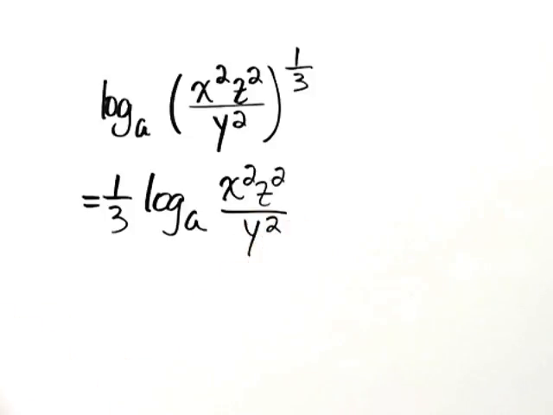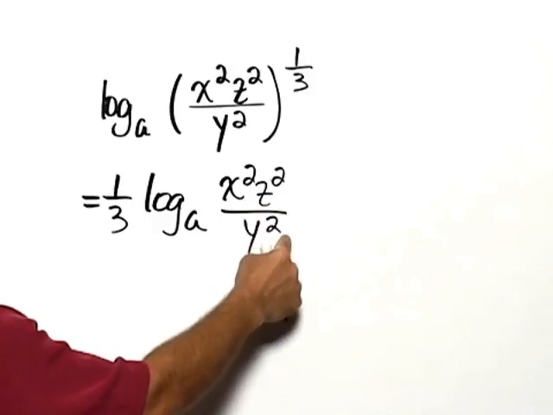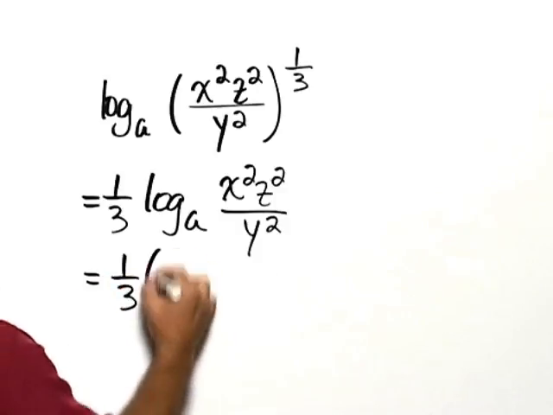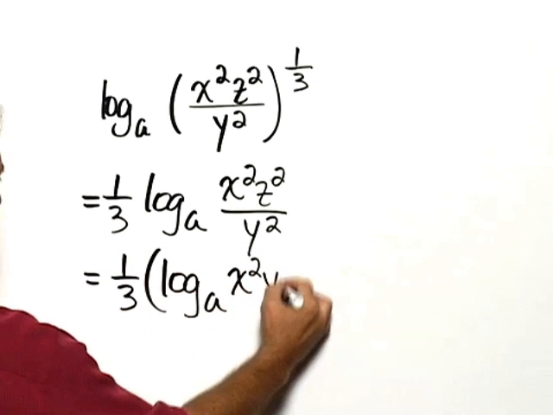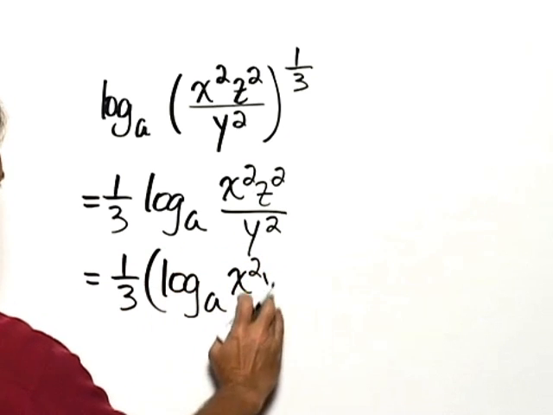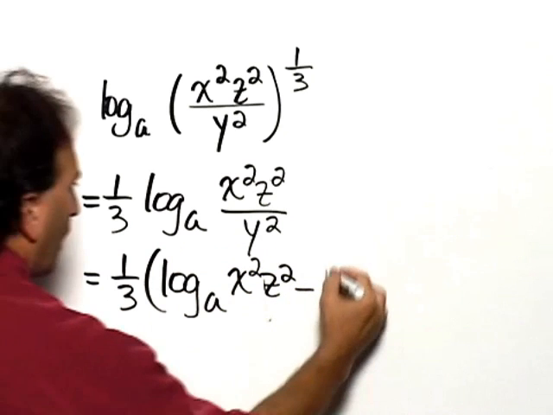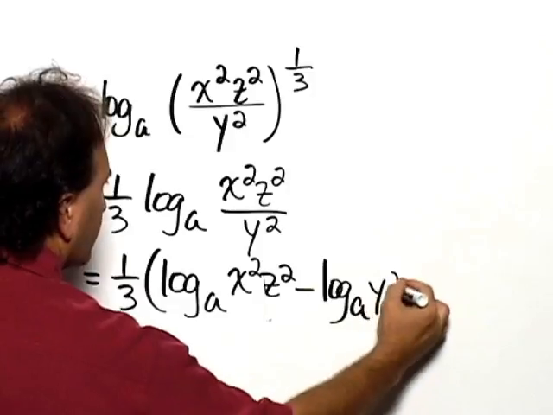Now we'll apply the difference or the quotient rule, which gives us the difference of log base a of x squared z squared minus log base a of y squared.